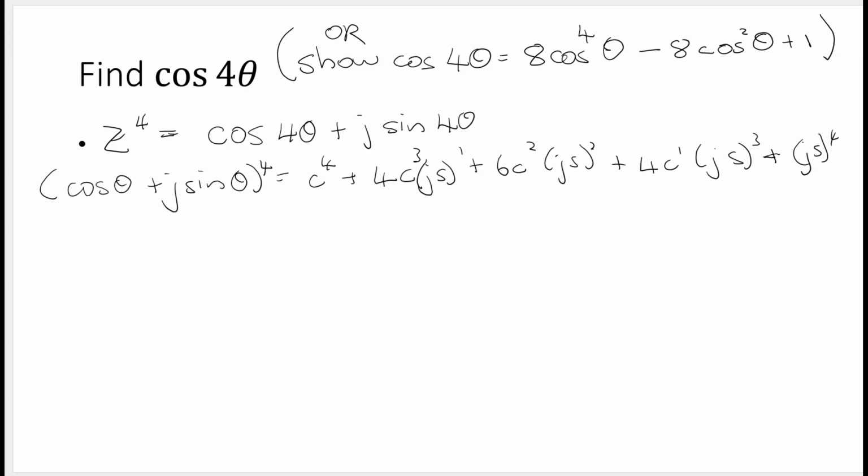that j squared is negative 1, j cubed is negative j, and j to the 4 is 1. So I'm going to incorporate that. So, and I'm just going to put my j out the front. The next term has j squared in it, so that means j squared is negative 1, so it's minus 6c squared s squared.